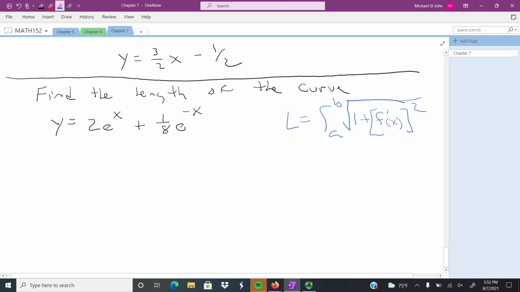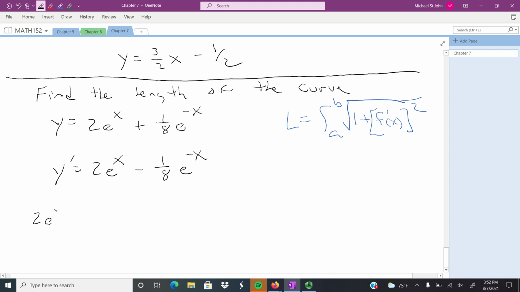So let's do this. First off, we need our derivative. So y prime is going to be 2 e to the x minus 1/8 e to the minus x. So that's that part. So we know our derivative. And now to use my formula for the length of the curve, I need to know the derivative squared.